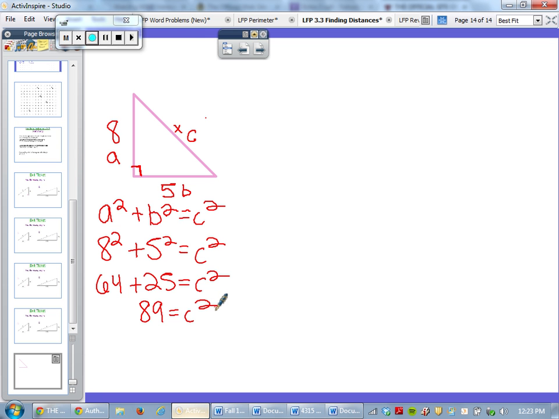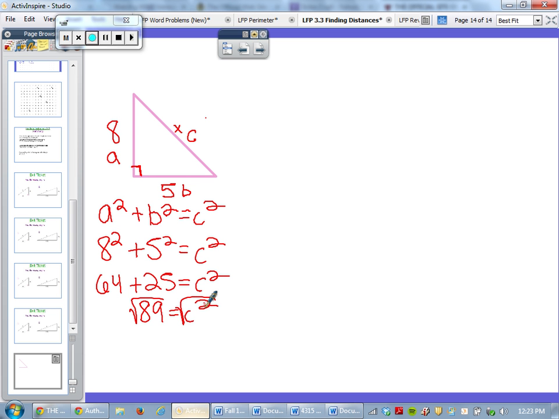And again, we just watched our video about how we derive the Pythagorean theorem. 89 is the area of the square created from the hypotenuse. That is not our answer. That's just its area. So to find the actual length of the side, we must take the square root. And so the square root of 89 is going to be a little bigger than 9.